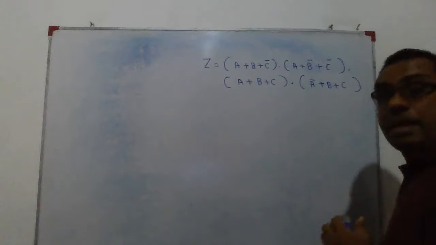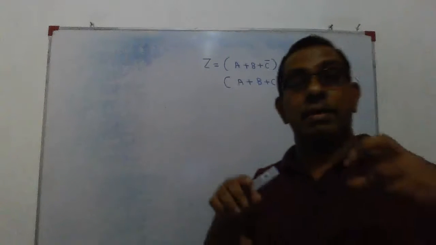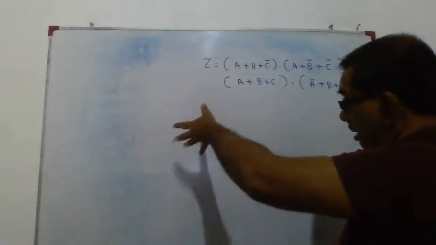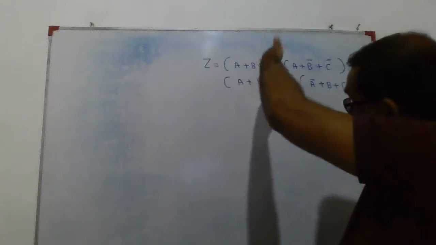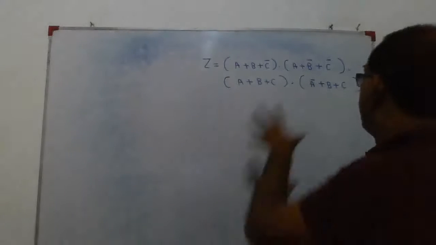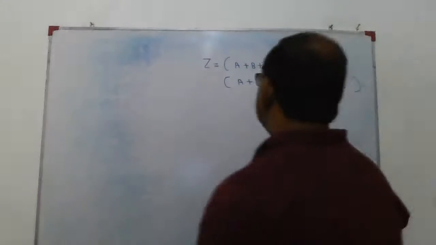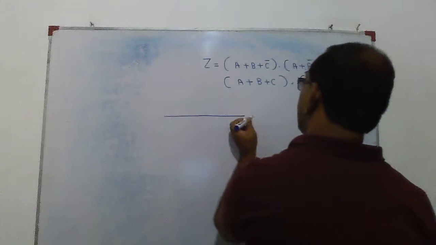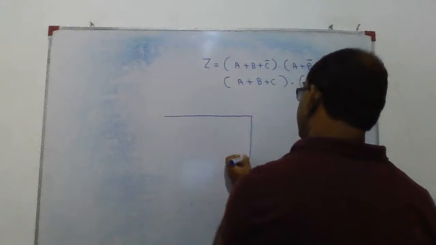By thinking that, you can input these values into the K-map. You have to check the variables. There are three. So as there are three variables, we are going to draw a three variable K-map.